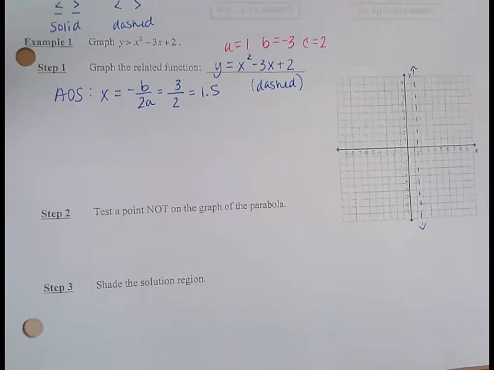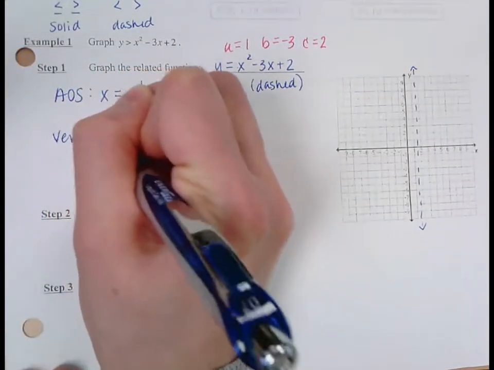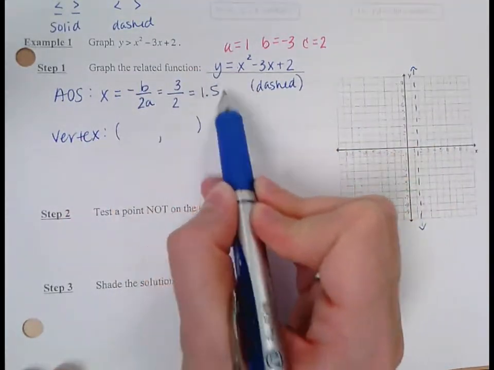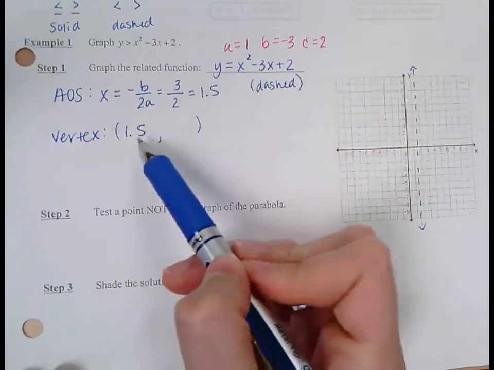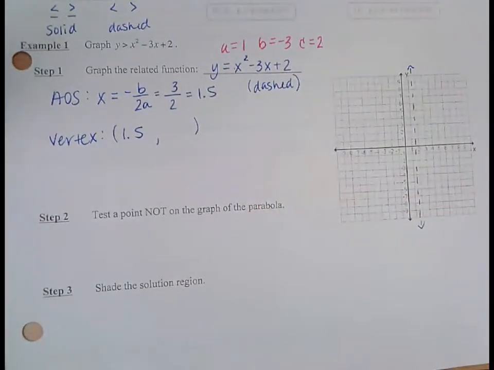And after the axis of symmetry, what can we find? Vertex is a point. X value is from your AOS, so x coordinate is 1.5. Substitute that into your function to get your y coordinate.